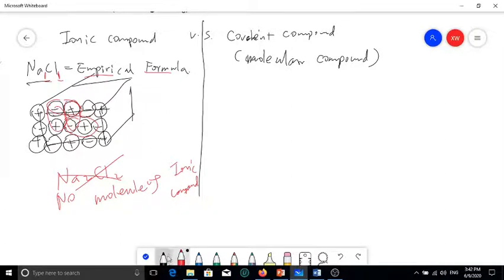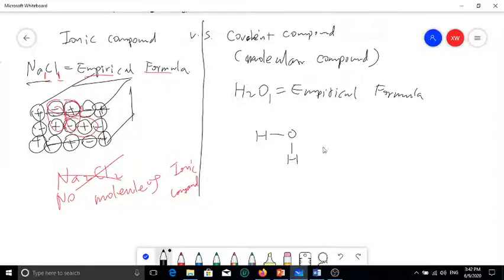Now, in the case of covalent compounds, it's a little bit different. Let's give an example, for instance, water. Yes, H2O is the empirical formula as well. But let's look at the water. Does this really mean it's just a 2:1 ratio between the hydrogen and oxygen? Well, more than that. These are real numbers. Every water molecule looks like this.